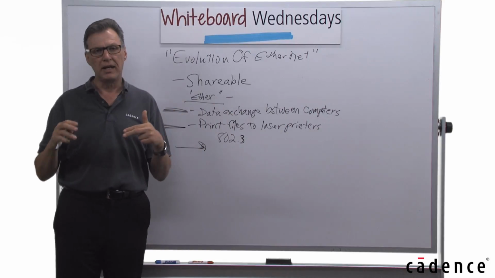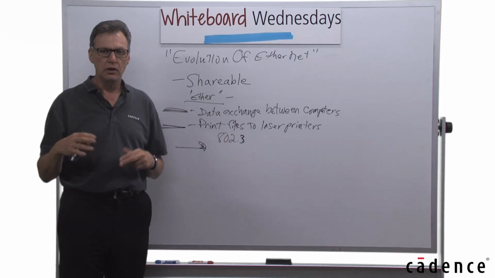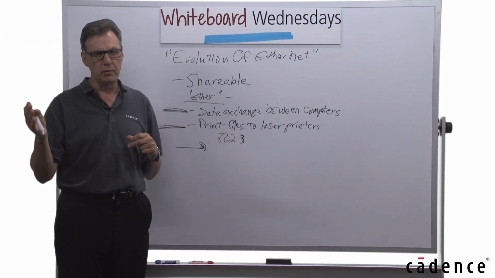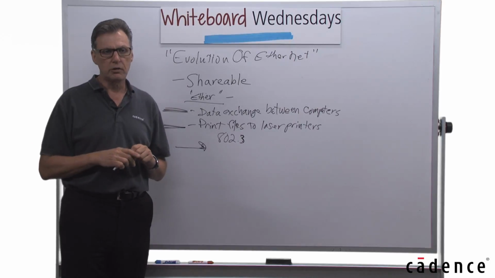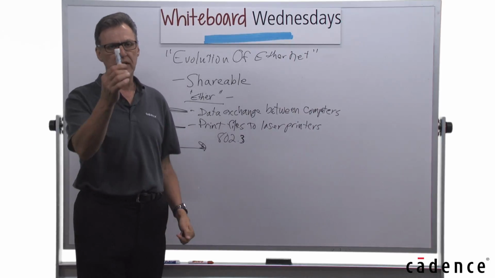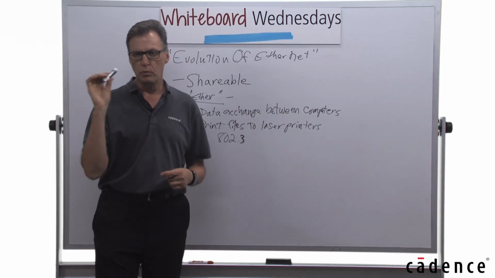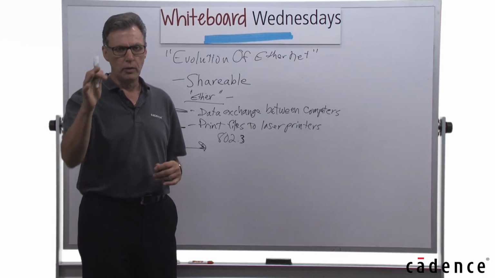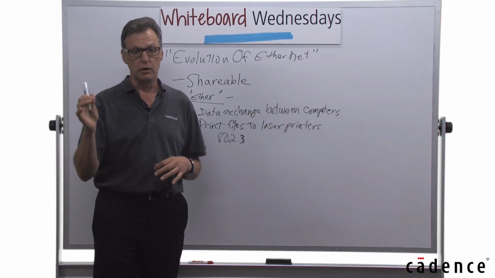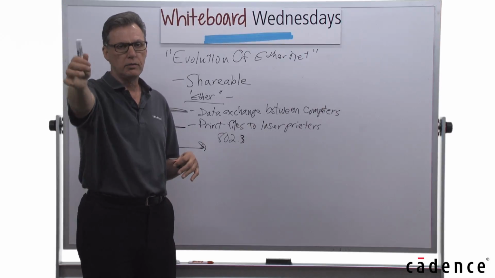Well, that's worked, but it had some bandwidth and performance issues. And along came a challenger called Token Ring. Token Ring said, well, we can solve some of the performance and some of the other issues challenged by Ethernet by creating a token. Think of it like a talking stick at the dinner table, right? If you wanted to talk at a dinner table, you had to have the talking stick in your hand. No one else could talk unless they had it. Same with a token ring. The token ring message would circulate around the network, and the receiver would get it.